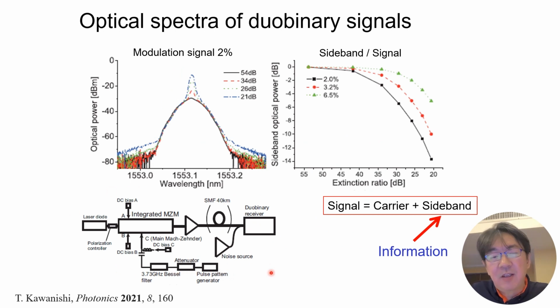Here's an experimental setup to show the importance of the extinction ratio. The modulation signal amplitude is just 2% of the V pi. So we can largely reduce the required electric signal power. But if the modulation depth is very small, we would have a large impact from the finite extinction ratio.